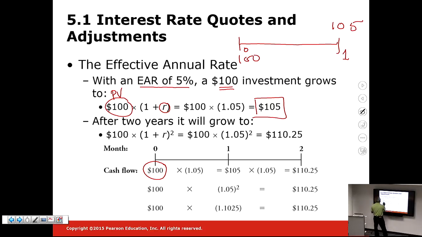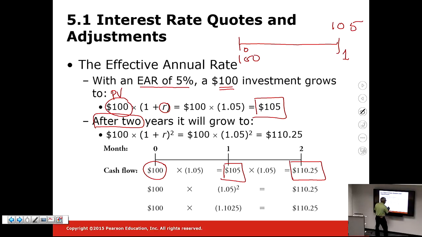What if I'm investing the same $100 over 2 years? So this $100 grows to 105 at the end of 1 year. Then I reinvest all of that, the 5% interest plus the $100 of principal, and I grow my total investment to $110.25 at the end of 2 years.